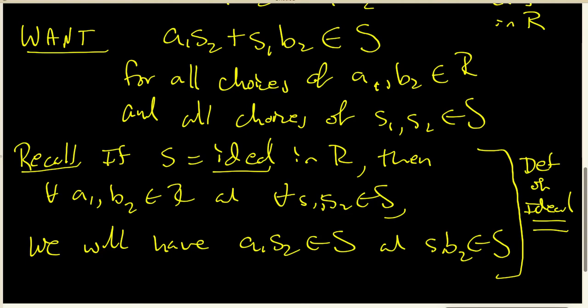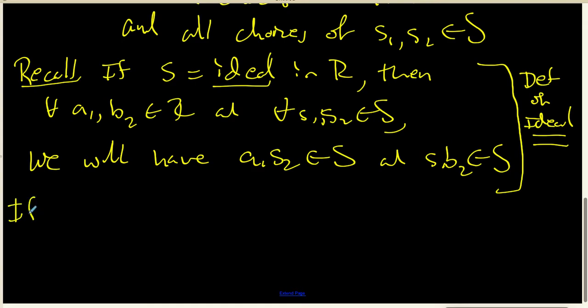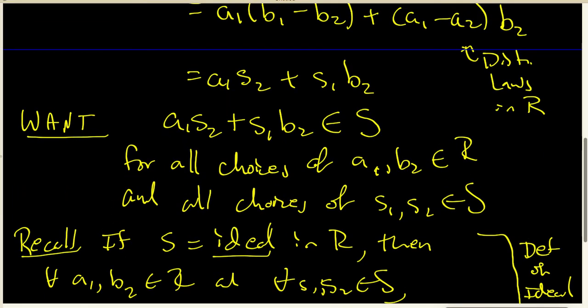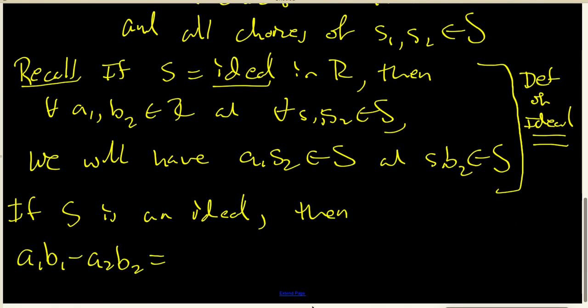And so what I notice is this. If S is an ideal, then A1 B1 minus A2 B2 has already been shown to be this particular expression here. So that's A1 S2 plus S1 B2.